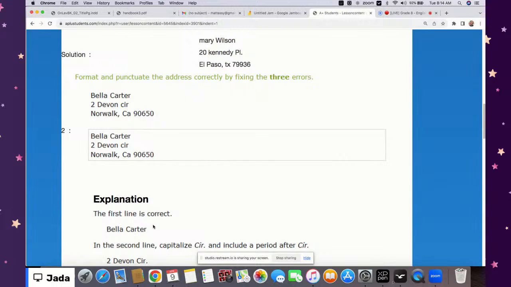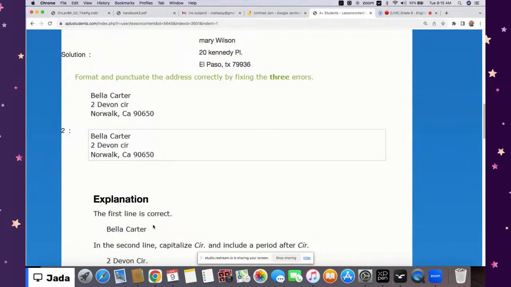The capital letter for the name, of course, and then if you have Mr. and Mrs. there, a period in between. Then also you have to check the second line, which is where you put the street. So you make sure that you put the street in the right order, and put a period after the street.